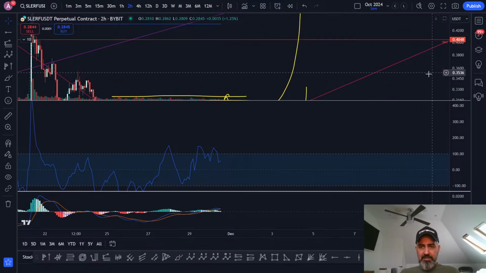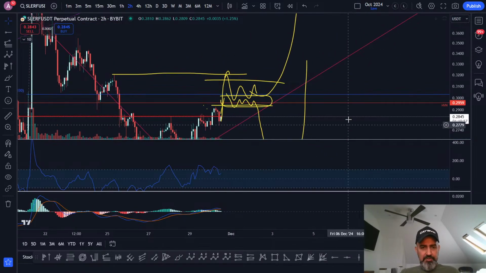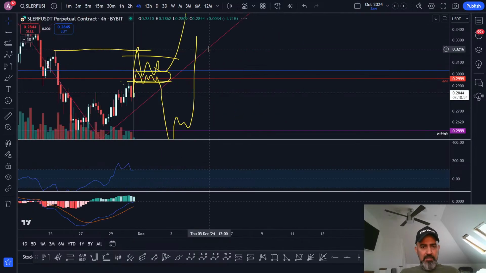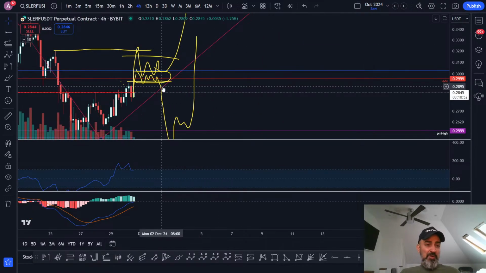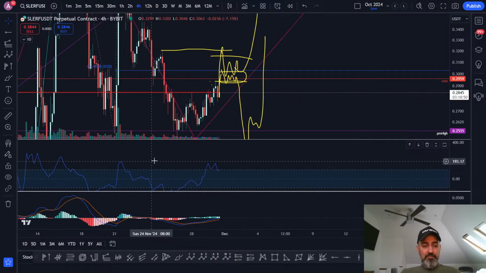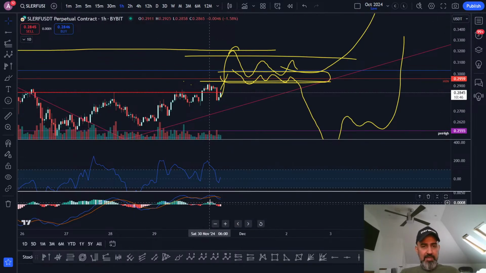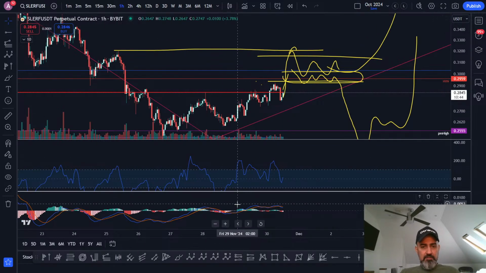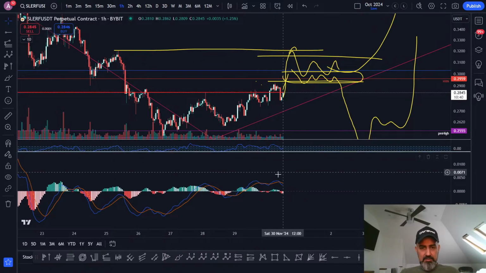You'd have to be looking at the divergences to see what they are saying. At the moment we're in overbought territory on my CCI indicator, and I'm not seeing bearish divergences on the MACD.